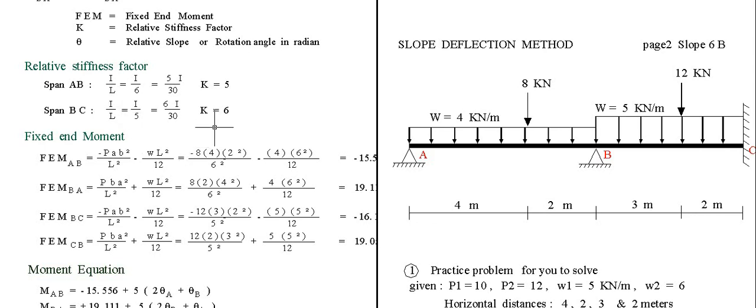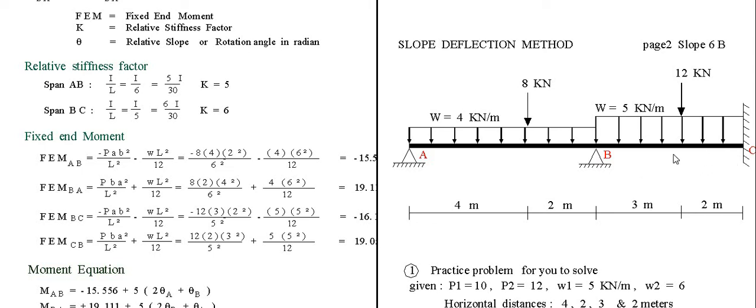Okay, first we have the stiffness factor. It means how stiff the member is. Usually, the shorter the span, the stiffer it is. Here we have a span of 6, then we have a span of 5.